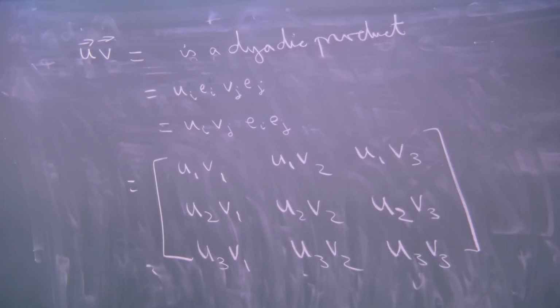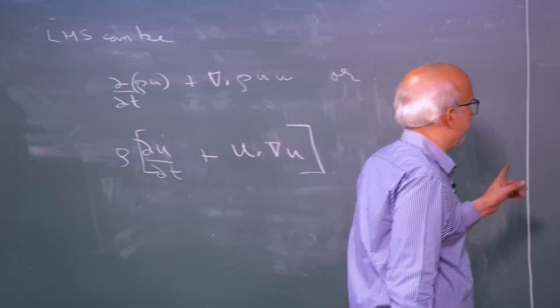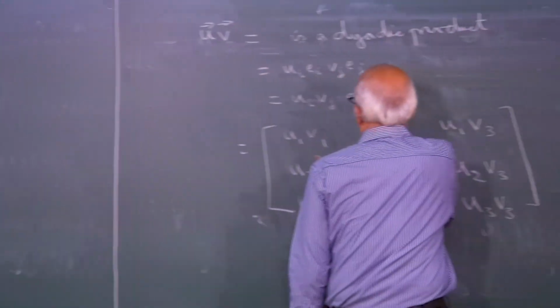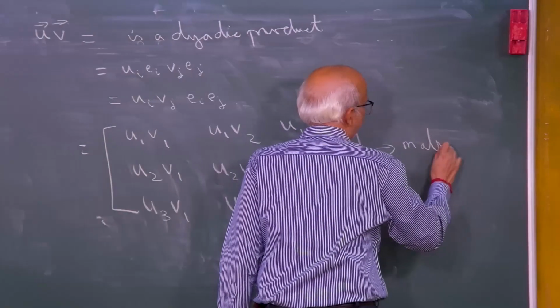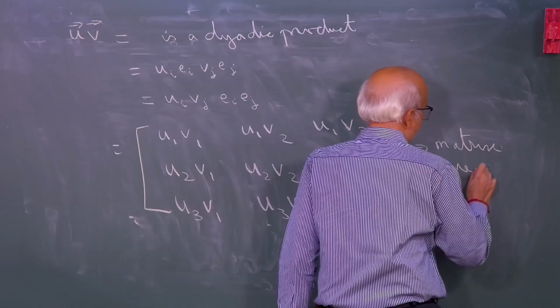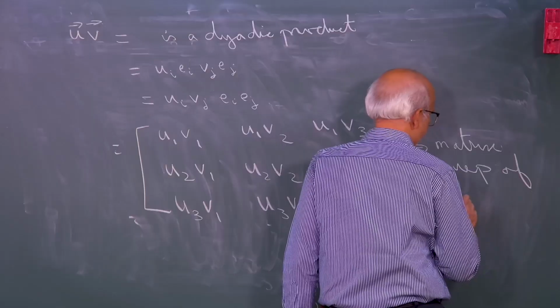So, this dyadic product again has 9 elements, and this is the matrix representation of UV.